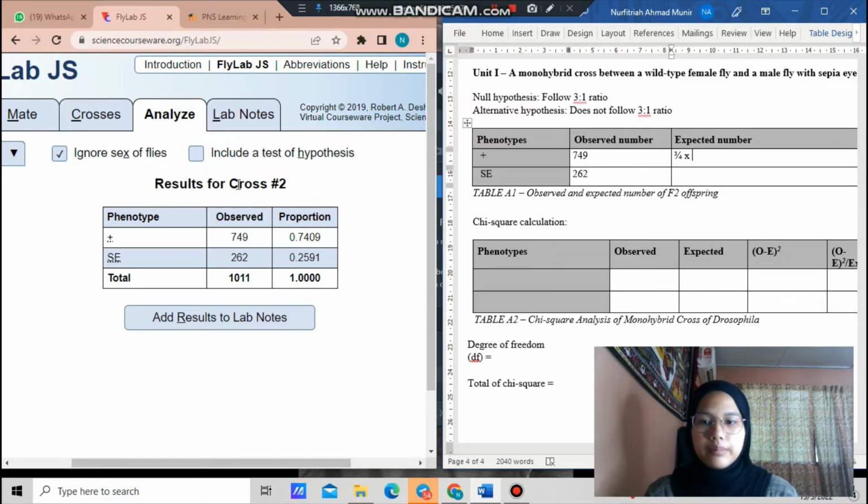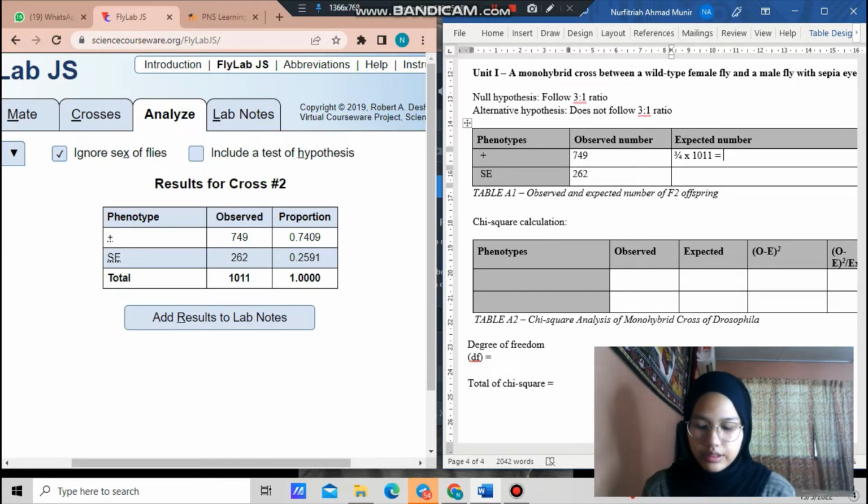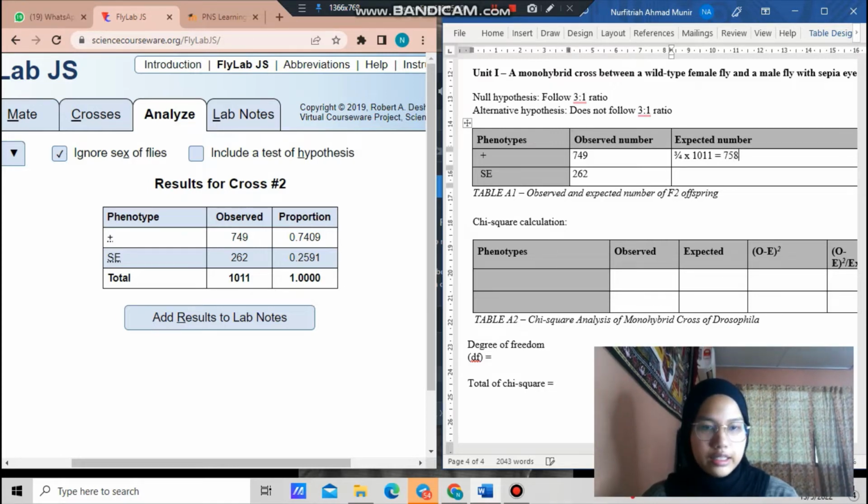So the total observed number is 1011. So 3 over 4 times 1011 is 758.25.